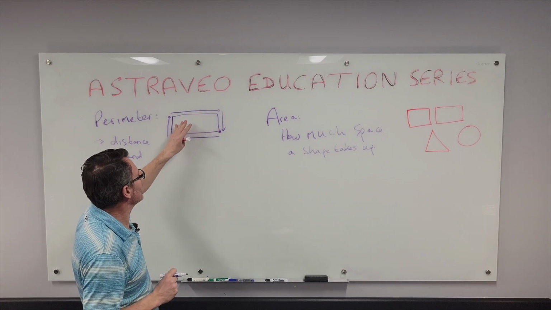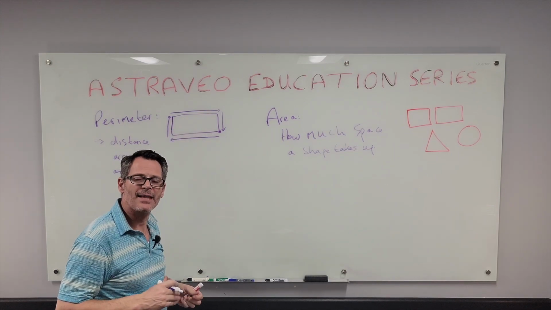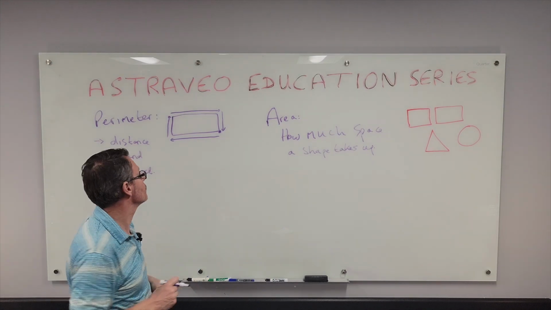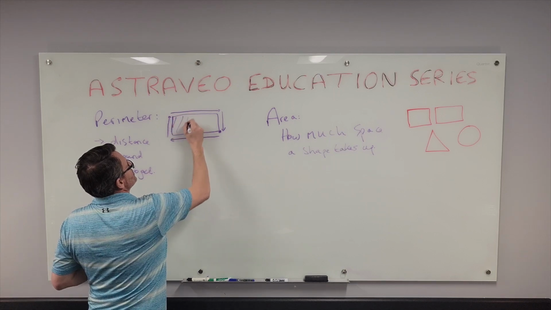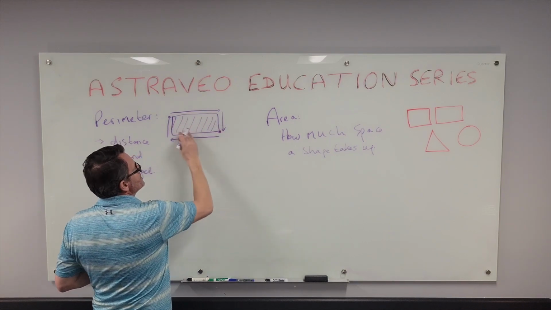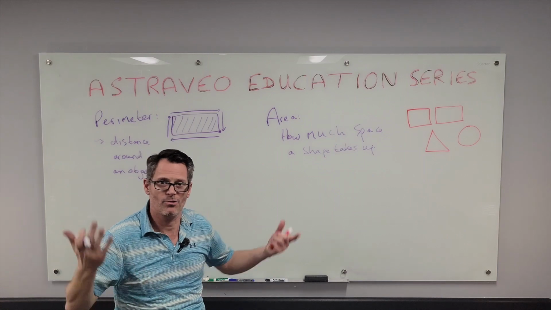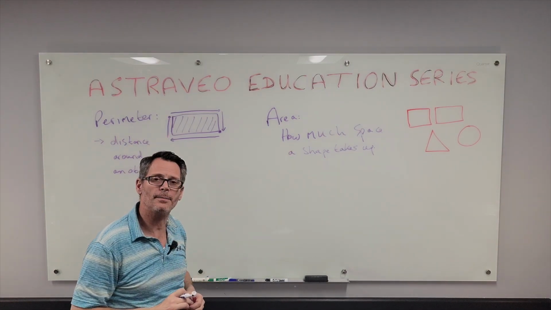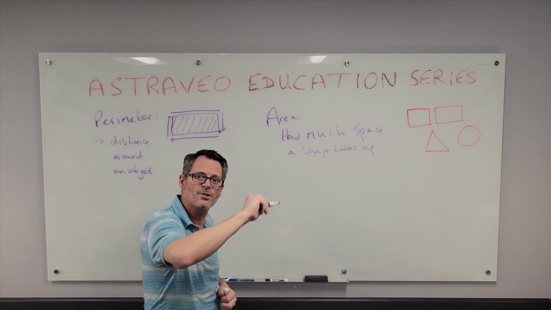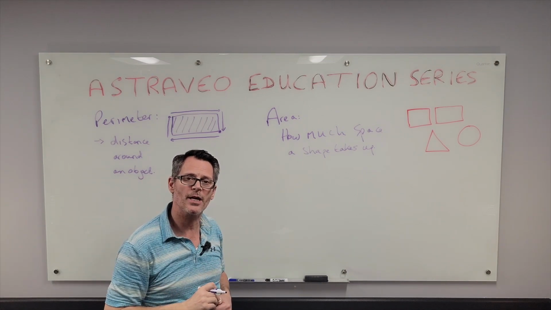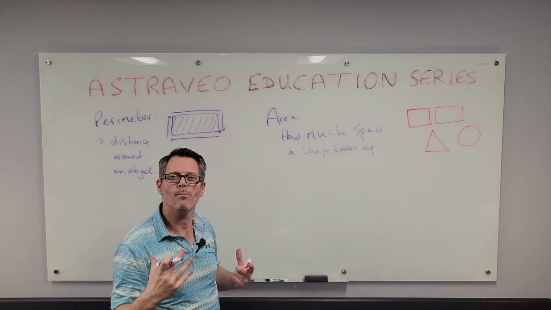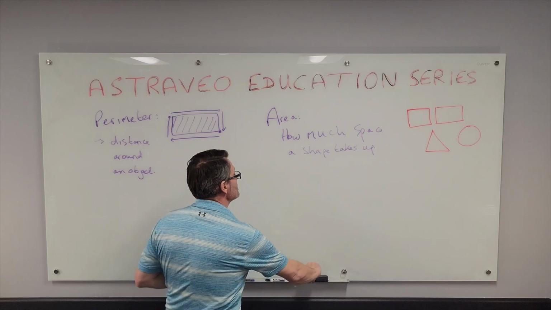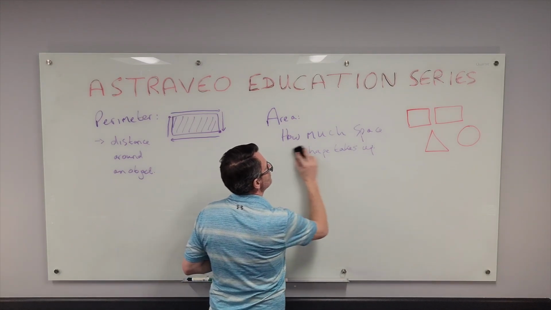But the area, like how much grass is there, that is really how much space the football pitch is taking up. So really, it's this quantity. What's the size of all that matter or material or grass in there? So the difference between area and perimeter is a little bit subtle. Perimeter is the distance all the way around a geometrical shape. The area is how much space that shape takes up. So a slight difference. And of course, that matters in how we calculate it.